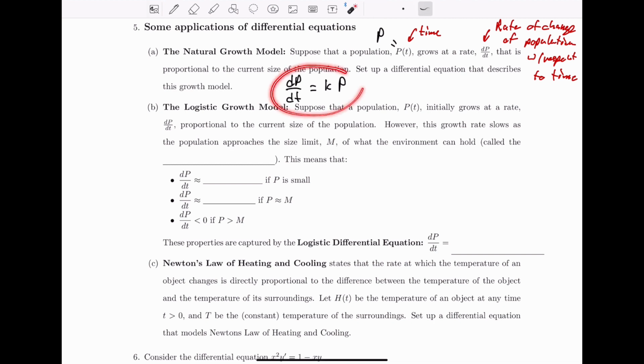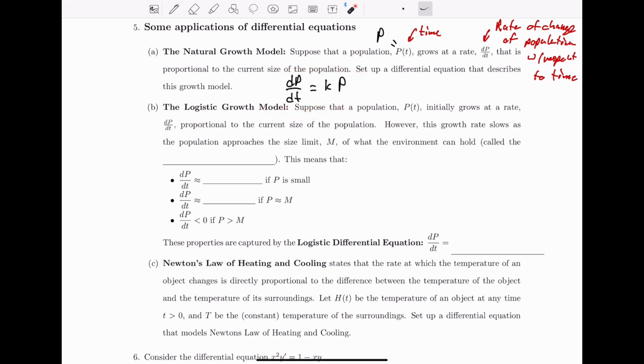That's what this equation says. It says that the growth rate, the derivative, is proportional to the current size P of the population. This expression here is called the natural growth model. This describes population growth as being proportional to the current size. And again, to phrase it more simply, this is just saying that the larger the population is, the faster the population is growing. This is called the natural growth model, and we'll solve this in a future section.